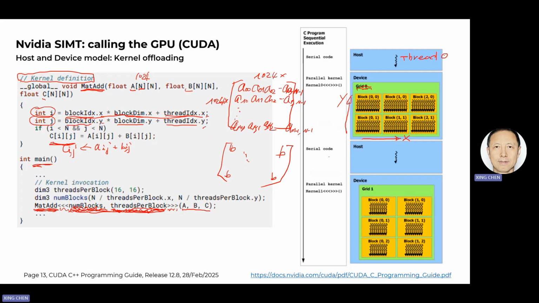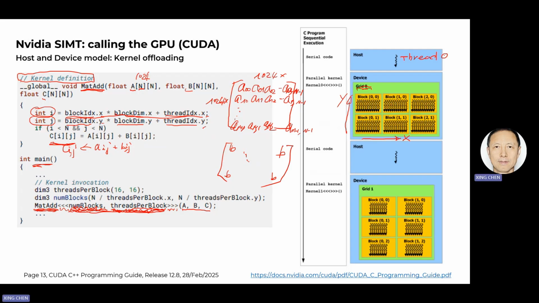So for example, we take an example here. This thread here is in the second block in the x direction and the second block in the y direction. And the thread within this block has its own position.